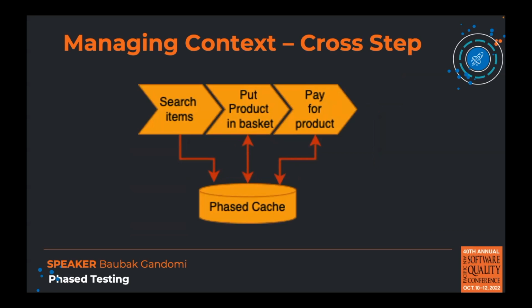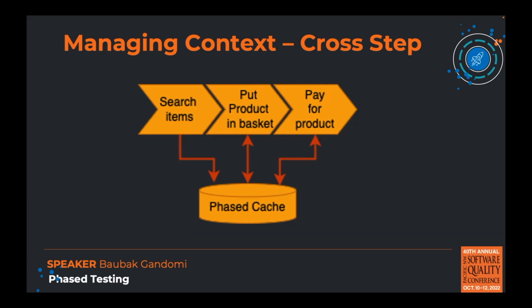Now, let us talk about how we manage contexts. Knowing that each scenario can be interrupted at will, we need to manage a cross-step context. Basically, we make sure that the data is not lost if there's an interruption.